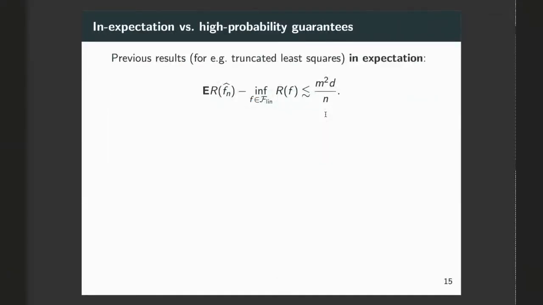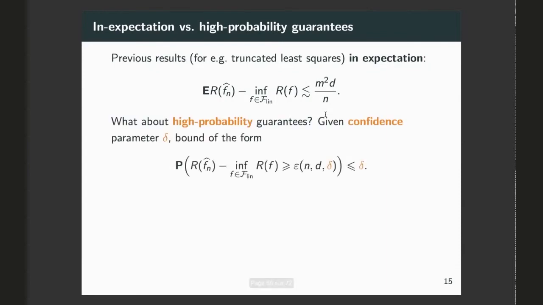Okay, so now it can seem that we are finished. In a way, it's almost too easy, because we have just truncated the predictions, and then immediately we have exactly the bound we want. It's distribution free, it's d over n, and under our minimal assumption. But our bound is a bound in expectation on the expected excess risk. In addition to that, we could also ask for a bound with high probability.